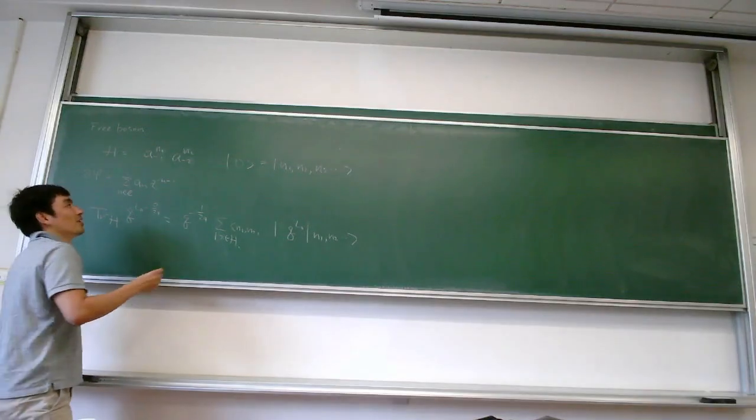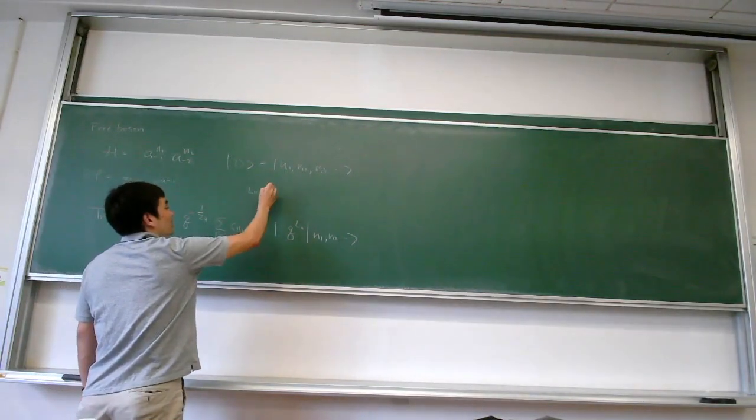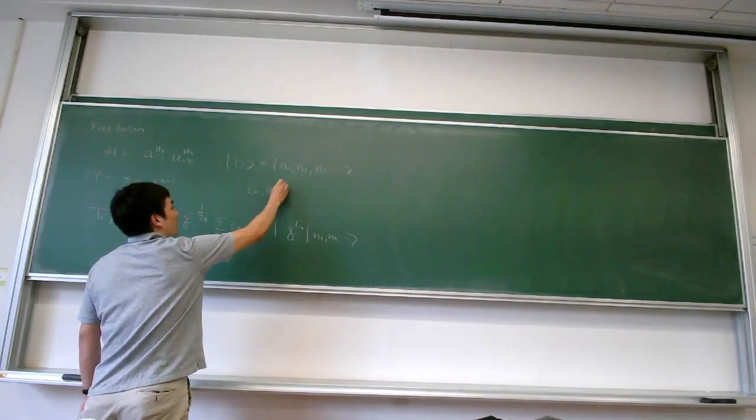So let's look at the following. L0 commutes with a minus k and a k, right?